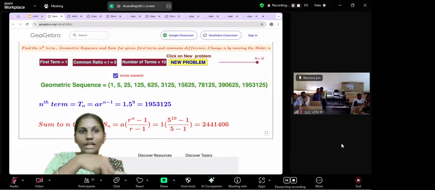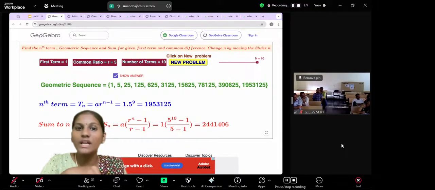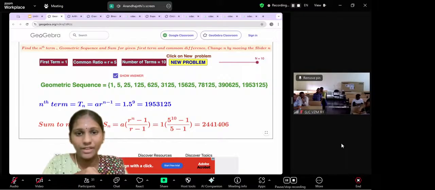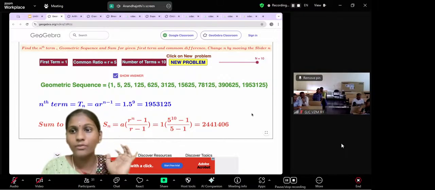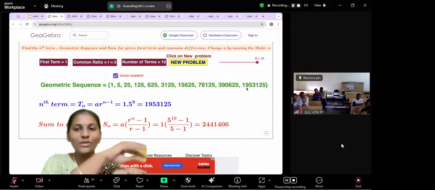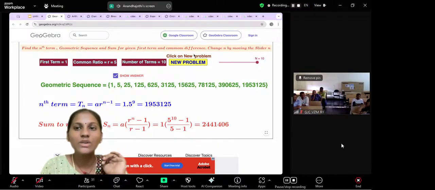It will be difficult for a human to create different problems in a fraction of a second, and quite difficult to imagine a geometric sequence up to this number, right? See, it is nearly a 5 to 7 digit number. Is it an easy or difficult task for a human to create a geometric sequence up to a 7 digit number? It's quite difficult, right? So you can use this.